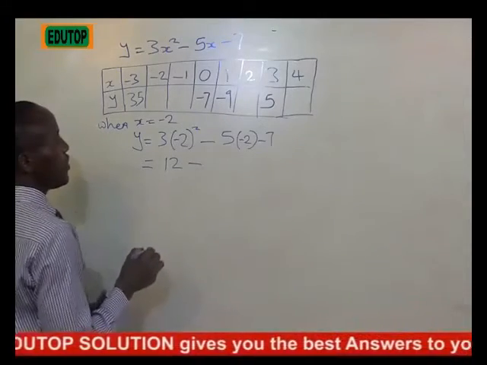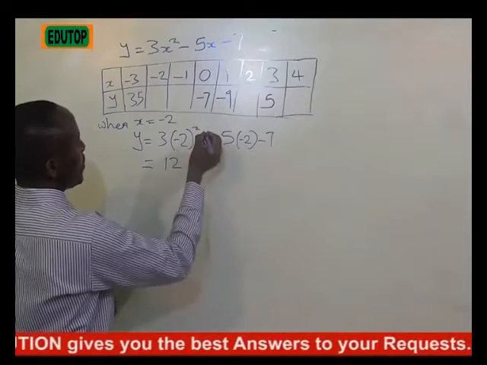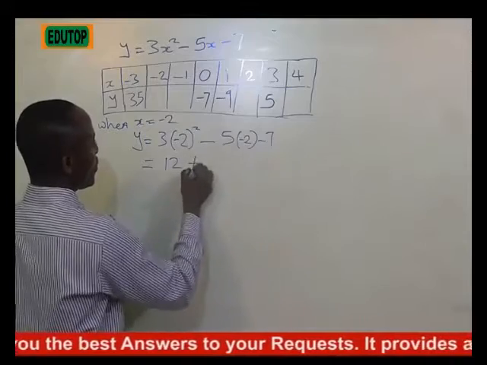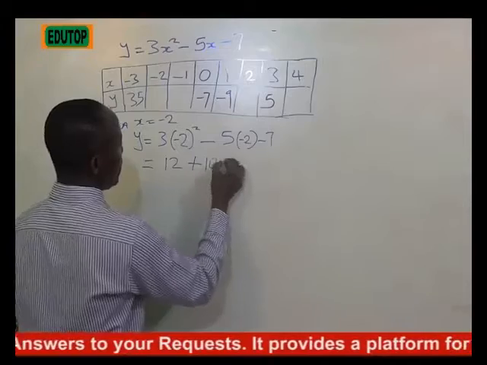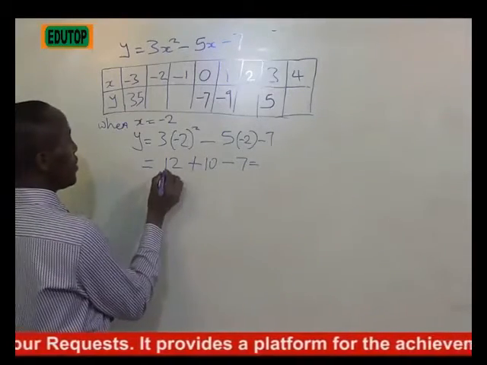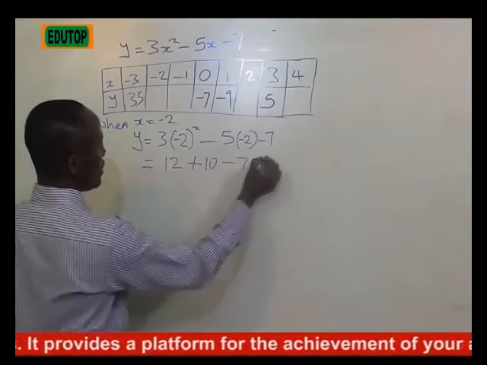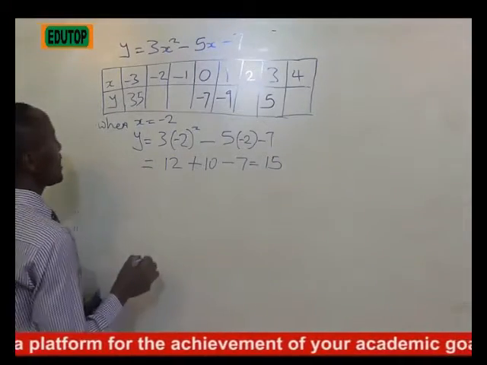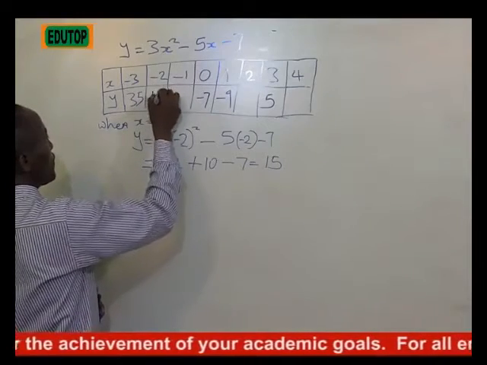Minus 5 times minus 2, minus times minus will give us plus, 5 times 2 is 10. So 12 plus 10 is 22, then minus 7, that's 15. So when x is equal to minus 2, our y is equal to 15.